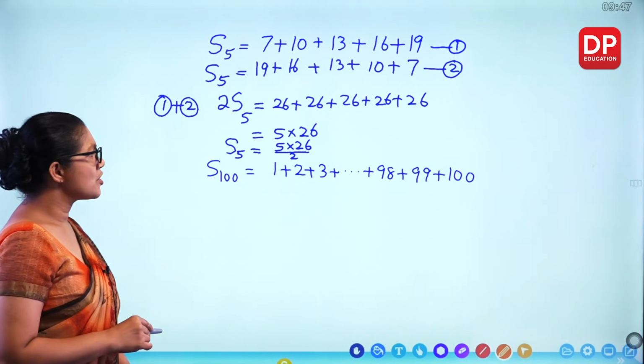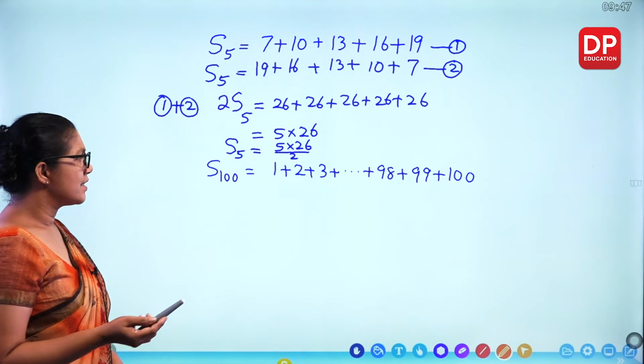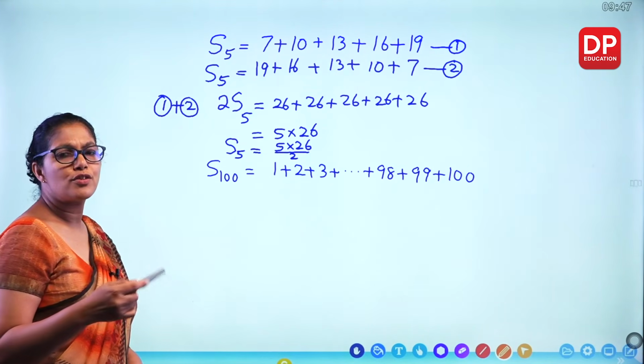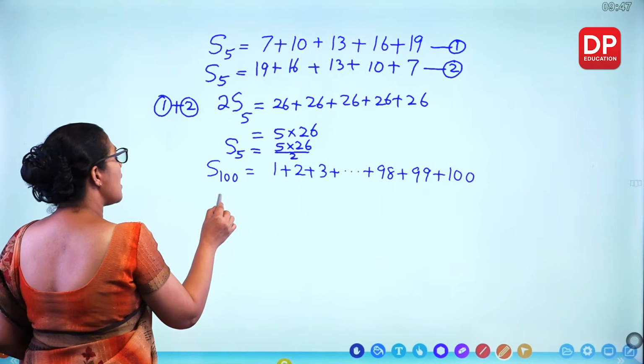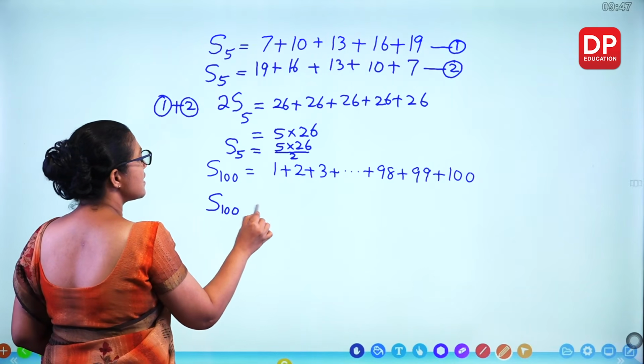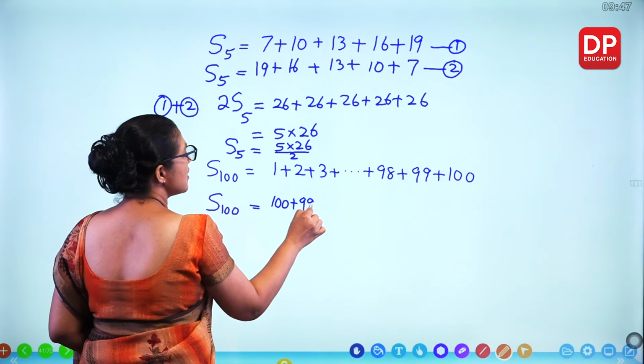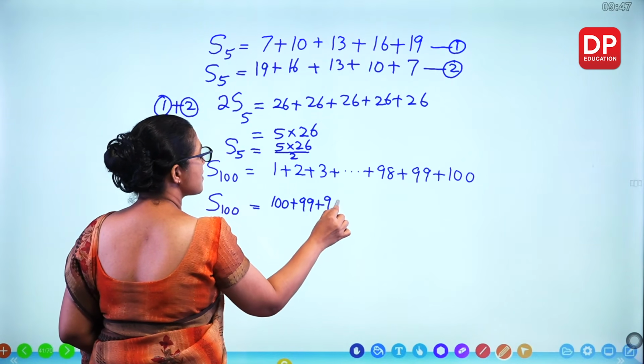We'll take another expression. S100 is adding 100 terms: 1, 2, 3 like that. I want to rewrite this the other way around, last term first and first term last.